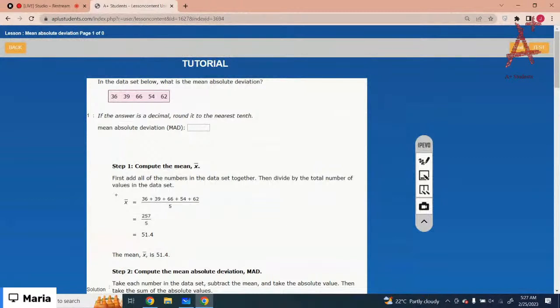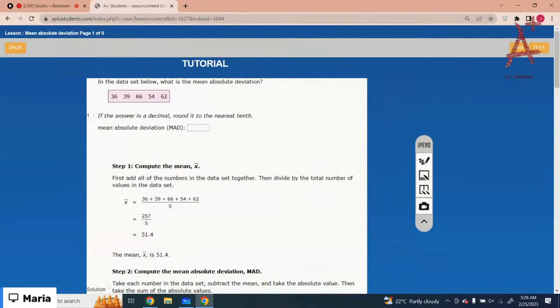So for the mean of the data, simply add all the numbers, 36 plus 39 plus 66 plus 54 plus 62, and divide by 5, because there are 5 numbers: 1, 2, 3, 4, 5. You sum up all the numbers and divide by how many there are. So that is the mean of the data. The mean of the data is 51.4. Got it?